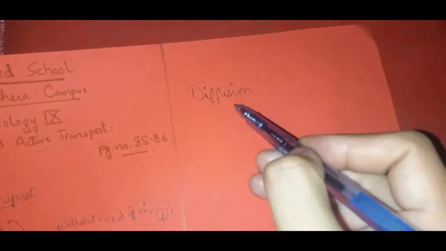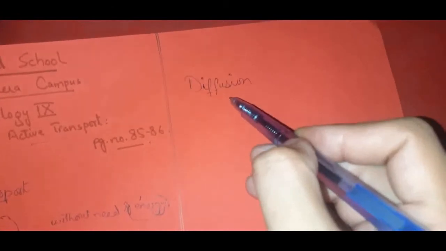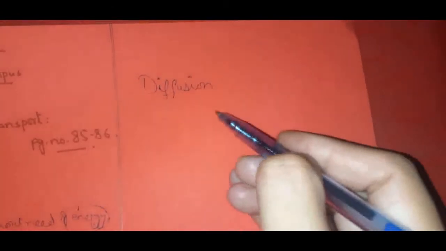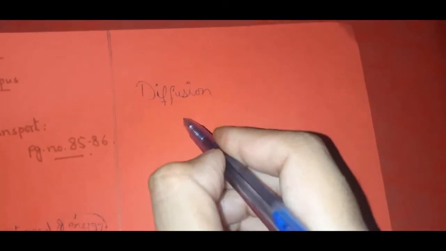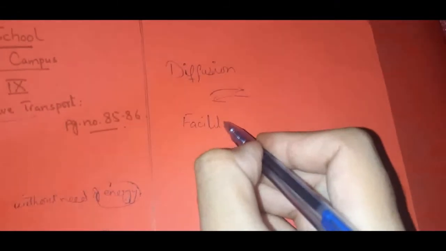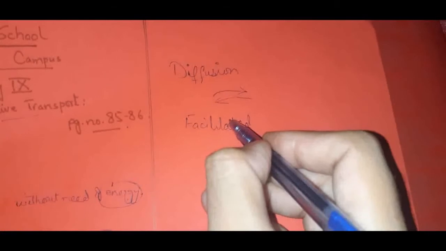Diffusion is the movement of molecules across a cell through a semi-permeable membrane without the expenditure of energy. Then we said that there is another type of diffusion, that is facilitated diffusion. And in facilitated diffusion, what did we discuss?